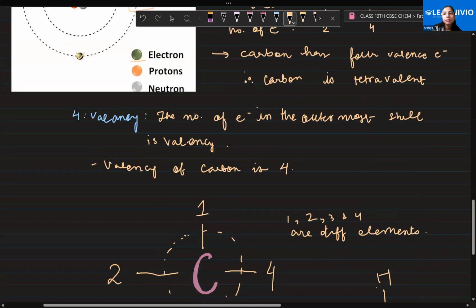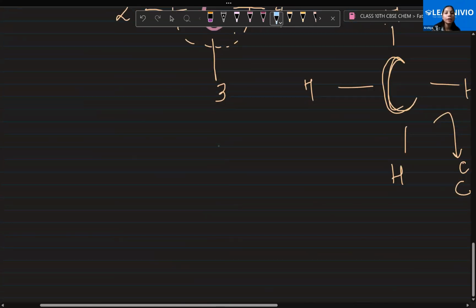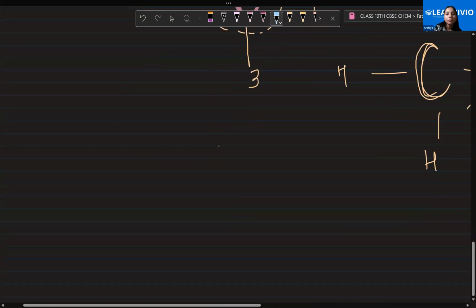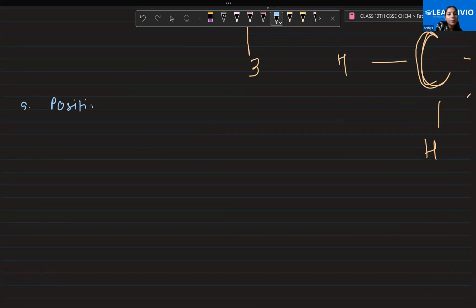Done? Yes, ma'am. Okay, so the last point for the properties, the fifth point, is the position of carbon in the periodic table, right? So the position of carbon. It's basically when you look at a periodic table, how you will be able to locate it.